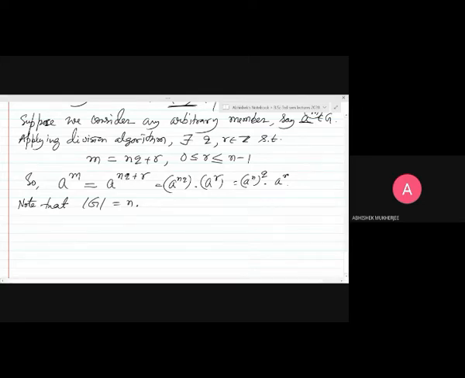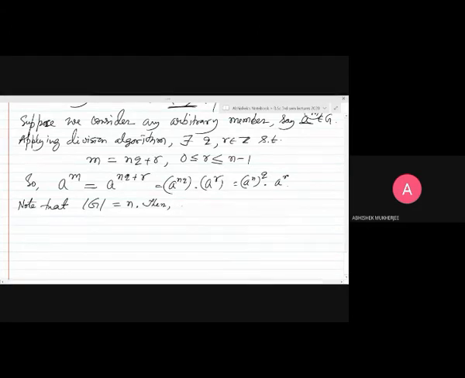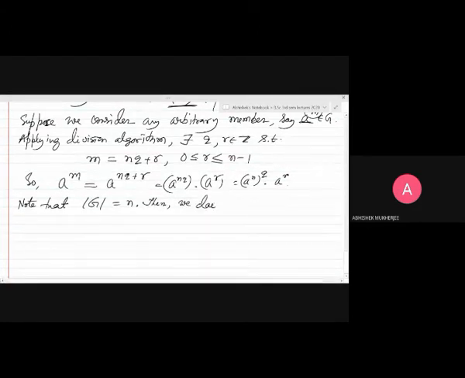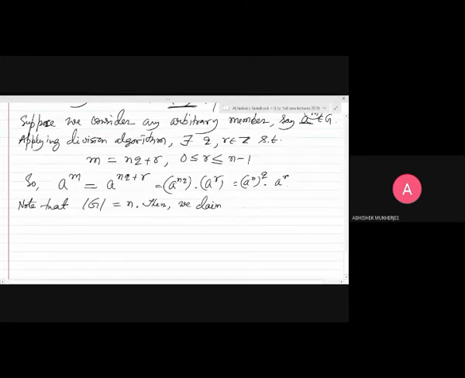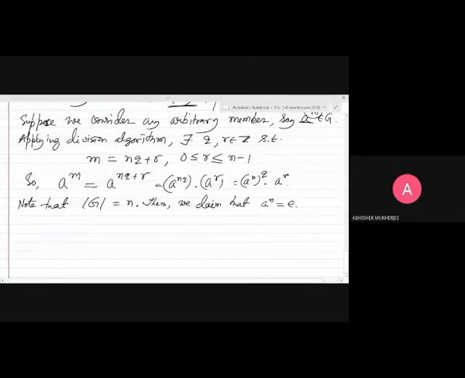Then we claim that a to the power n must be e, right? A to the power n must be e.